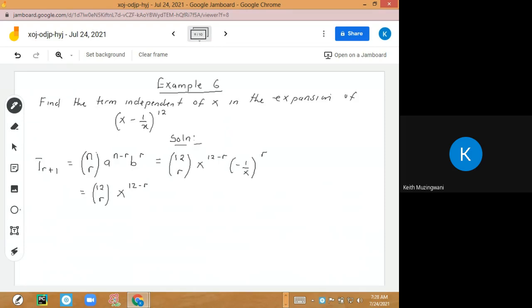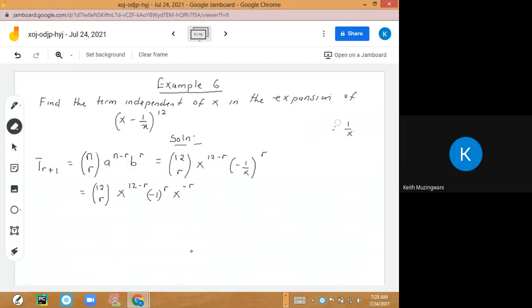That negative there can be considered as negative 1. Give it power r. And that x there, because it is down, let it go up and just make sure the r becomes negative. Since we say that whenever you have x to the power negative 1, it's the same as 1 over x. Even in reverse, it is still correct. An equal sign means that the reverse and the forward way are the same.